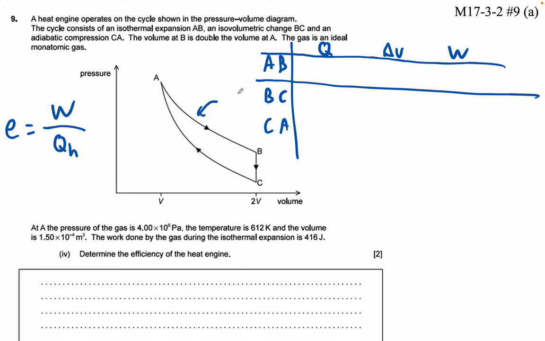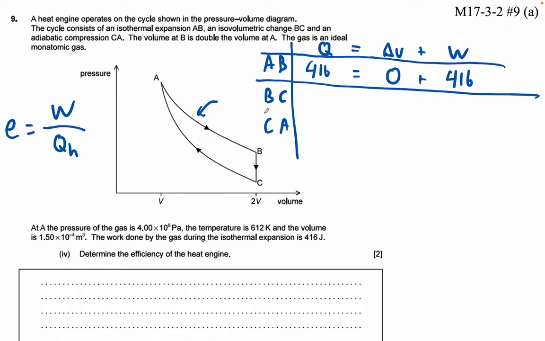So for AB, we knew that that was isothermal, so delta U was 0. They said that it did 416 joules of work. Remember that, they tell you that. So therefore Q has to equal delta U plus W, so we know that Q is 416.